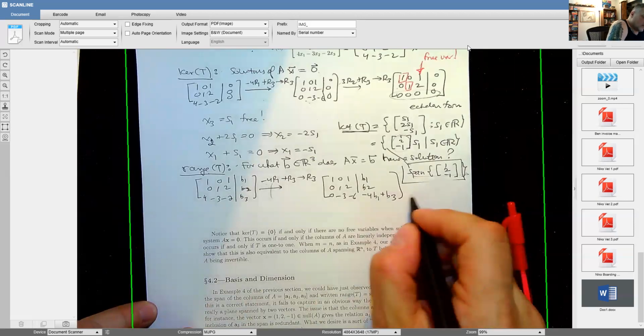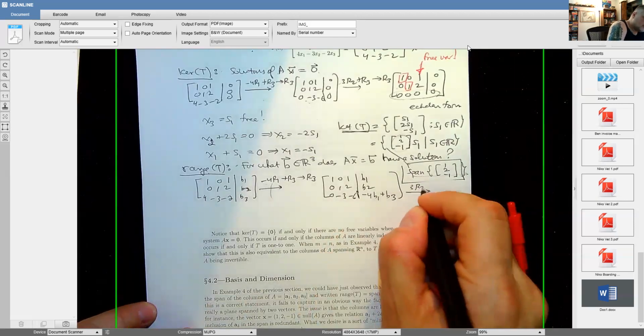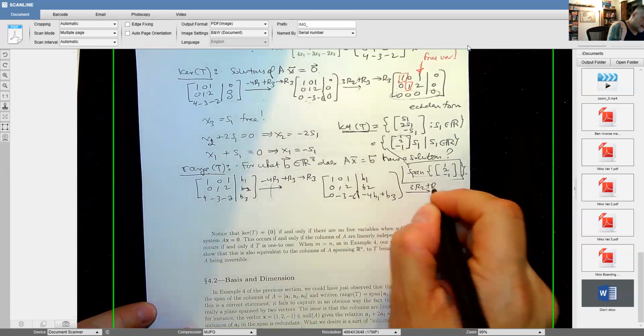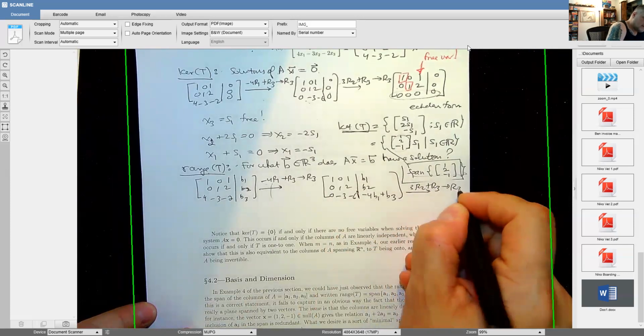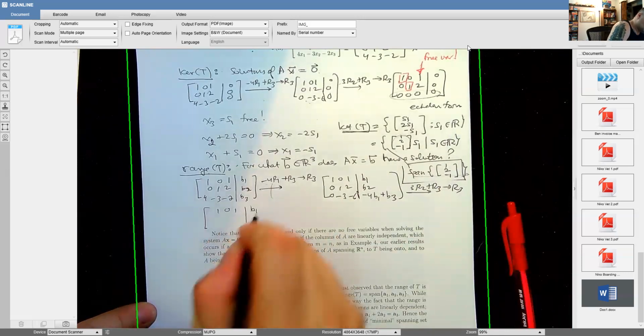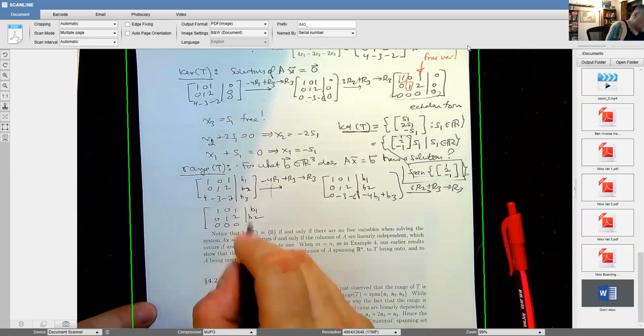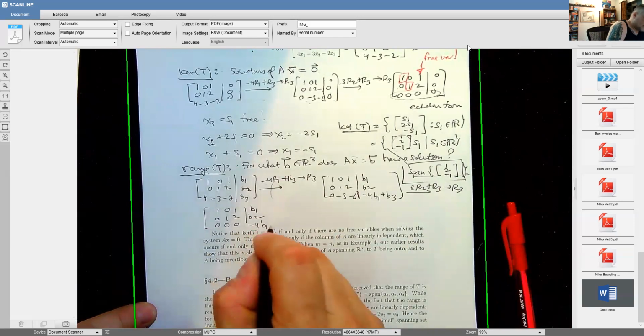And then same way we want to get a 0 here. So we're going to multiply R2 by 3, add it to R3 and replace R3 by it. And so the matrix we end up with, first 2 rows are the same. The last row is not a 0 row now, unless we have a condition, right?